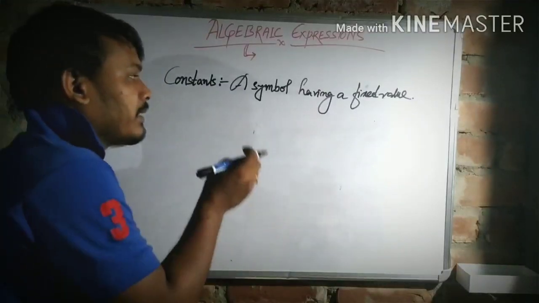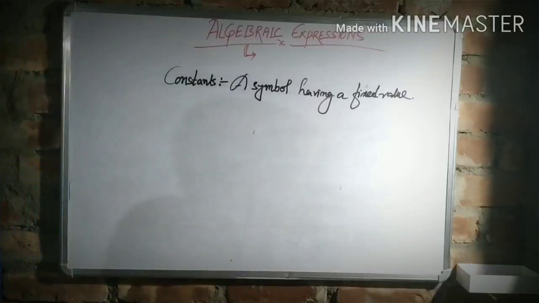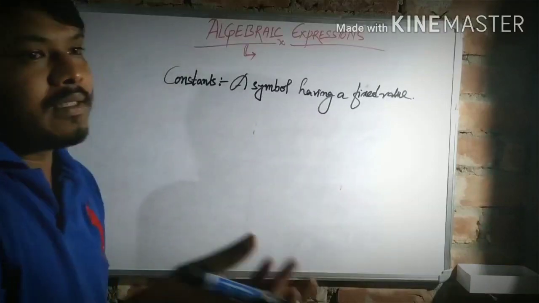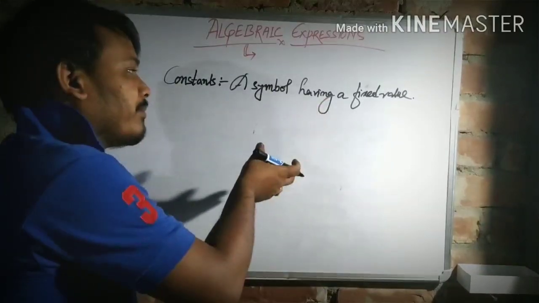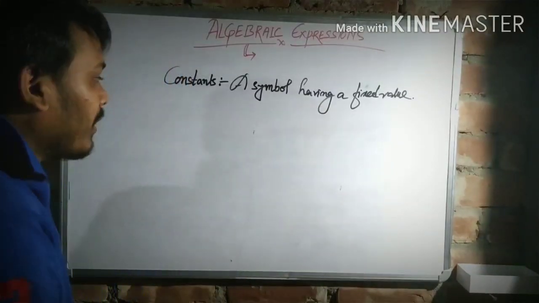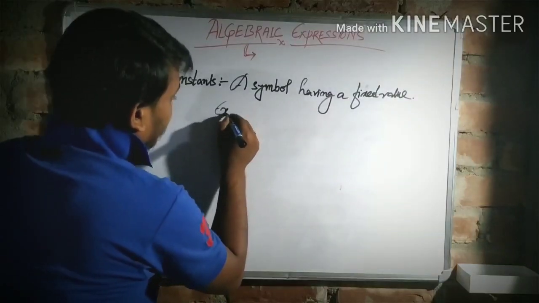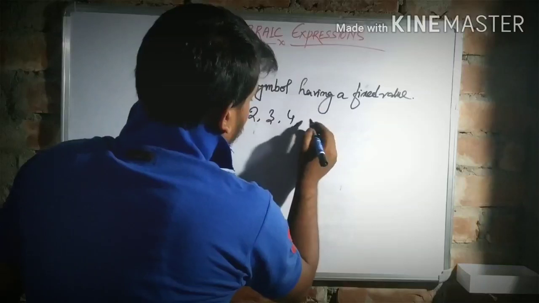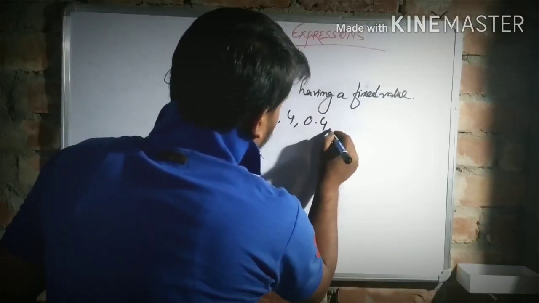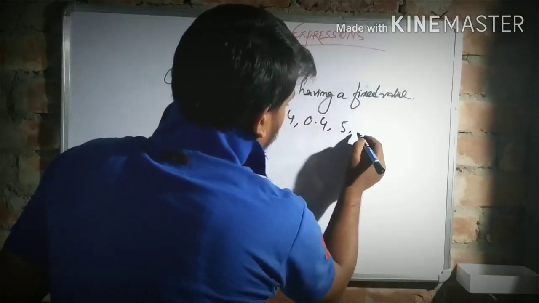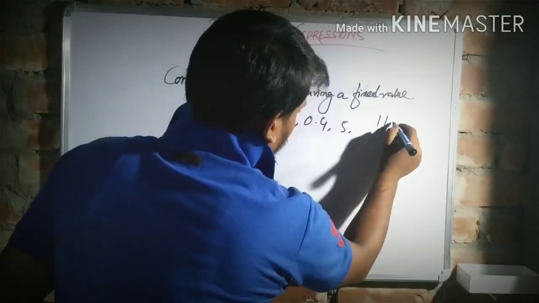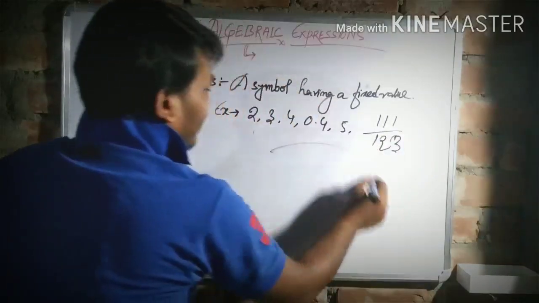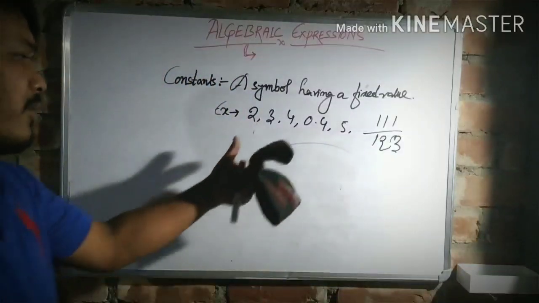If this symbol is written in your book, in your copy, or on my blackboard, the value of that symbol remains the same. For example, 2, 3, 4, 0.4, 5, 111 by 123, all numeral values.